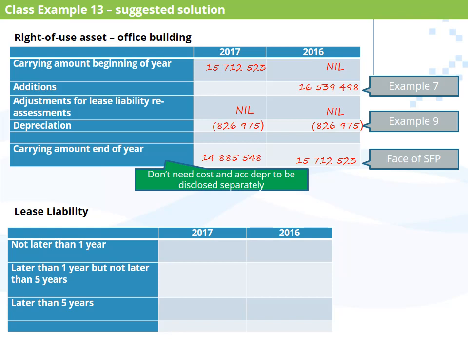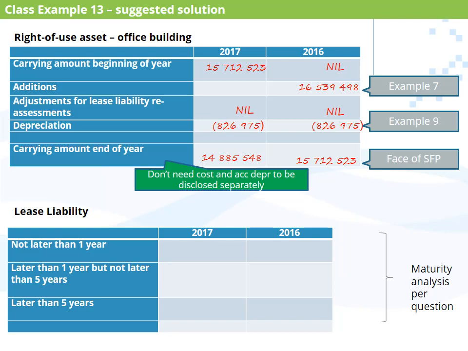So they gave you the brackets that they want you to disclose it in, and this will be provided in the assessment or the exam. Now, in terms of this maturity analysis, you need to include your lease payments not later than 1 year, later than 1 year but not later than 5 years, and later than 5 years. But now this is for all lease payments in future.